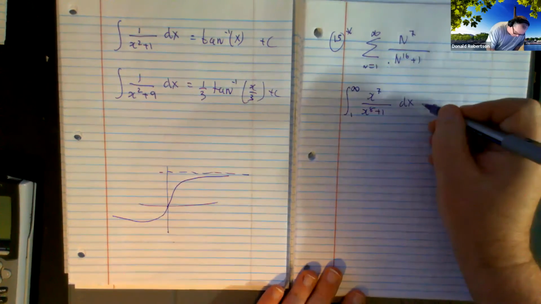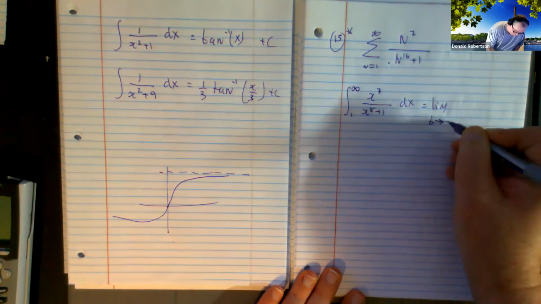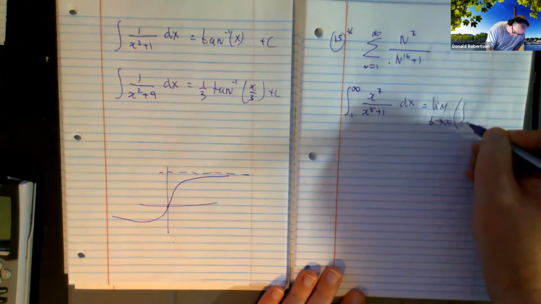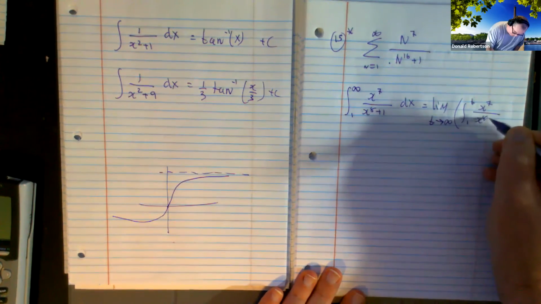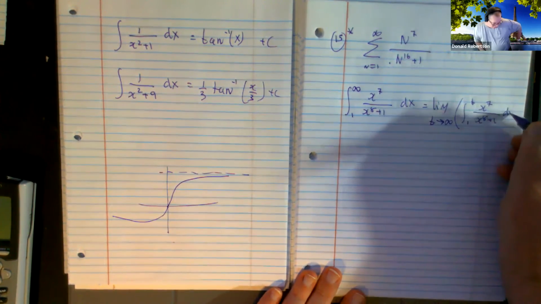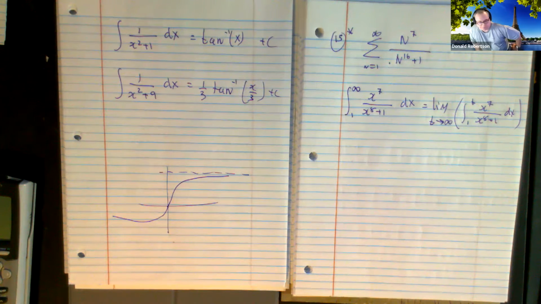This guy is going to be the limit as t tends to infinity of the integral from 1 to t of that guy. You need some brownie points here. You deserve them if you can tell me. This is either going to be integration by parts or a u-sub. Which do you think it is going to be?